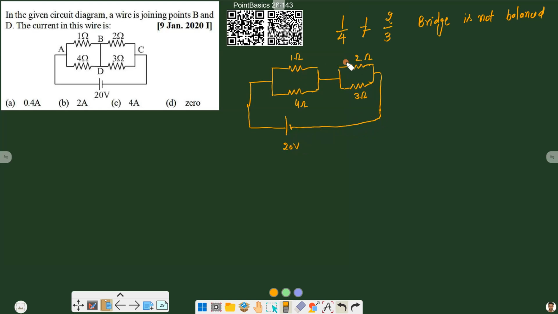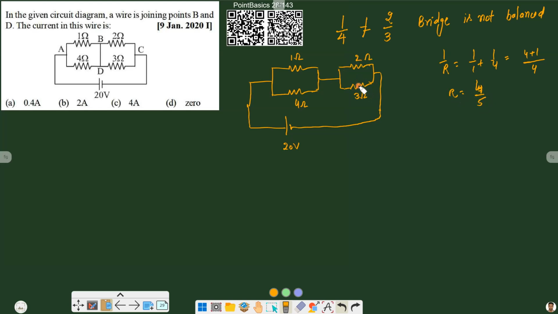Now as these are in parallel, we can simply represent them by a single resistance. Suppose the final resistance for the first pair is R. So 1 by R equals 1 by 1 plus 1 by 4. 4 will be the LCM, 4 plus 1, and from this R comes out to be 4 by 5.